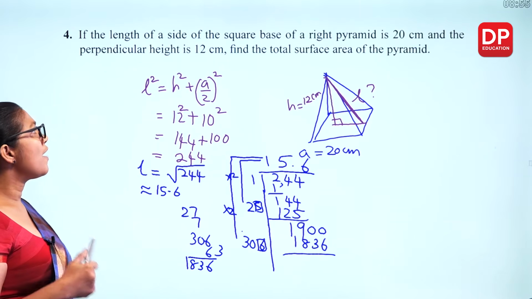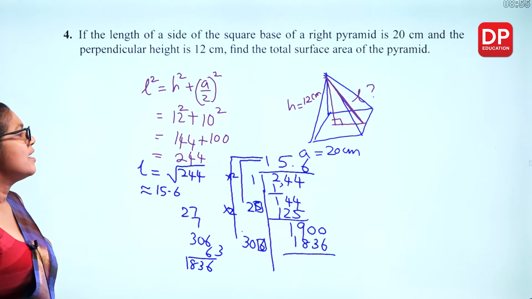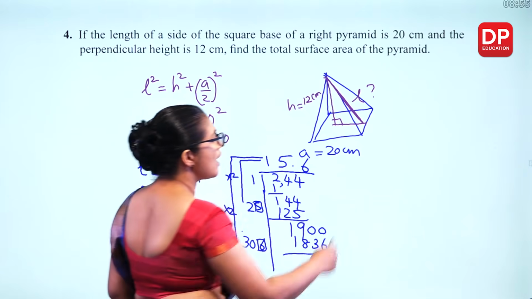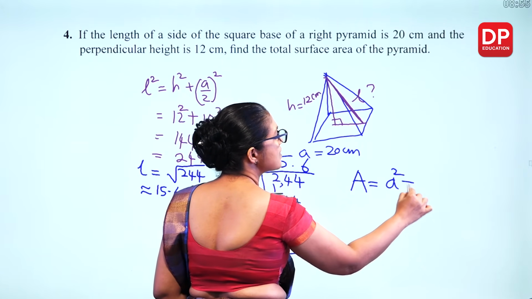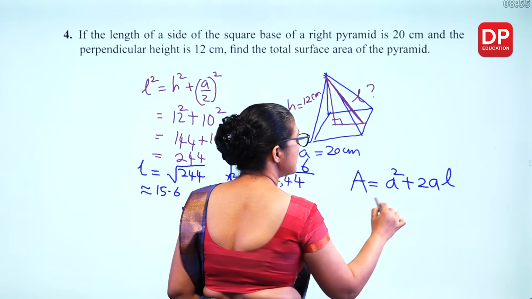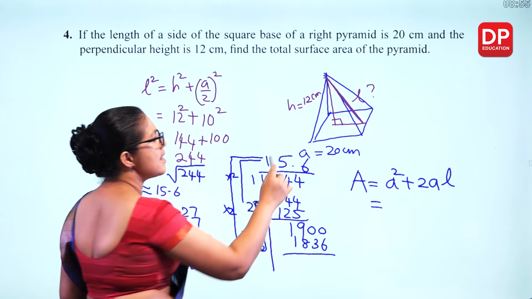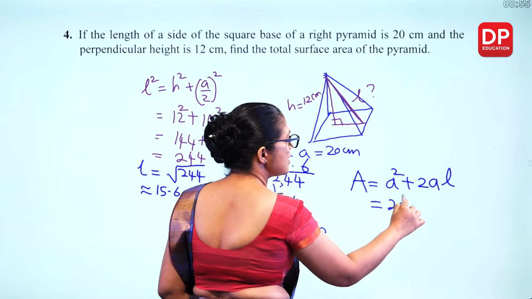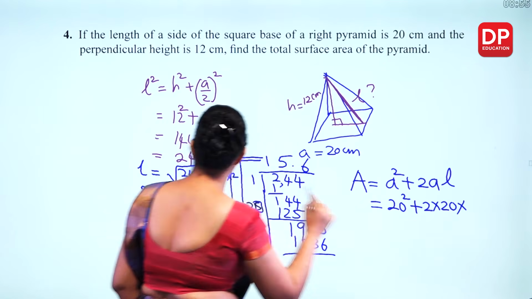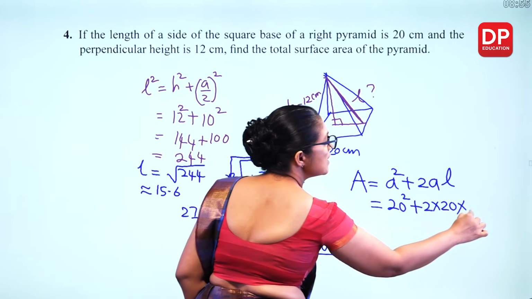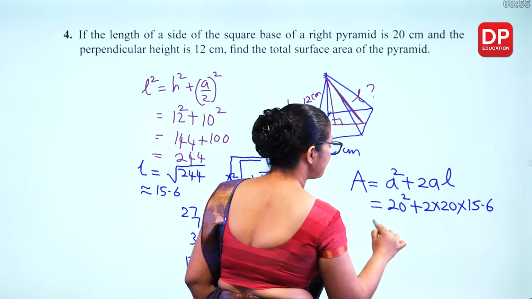Then how can we find out the total surface area? You can use the formula. So what's the surface area? A squared plus 2AL. A squared is 20 times 20, 20 squared, plus 2 times 20 times 15.6.